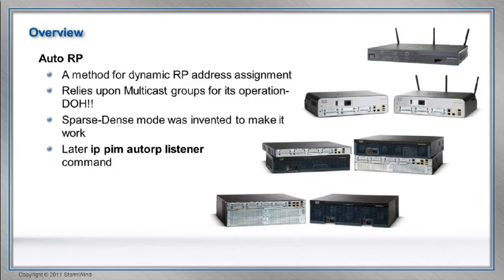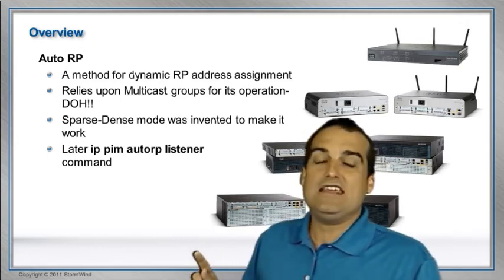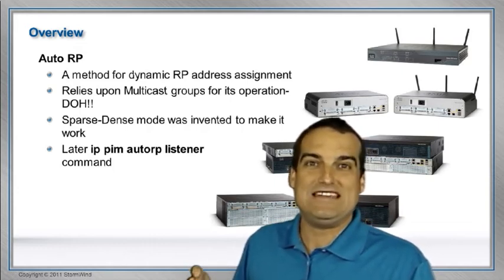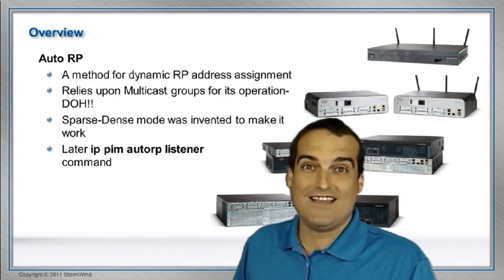The AutoRP technology is indeed a dynamic method for RP address assignment, but it relies upon multicast for its operation. That's right, the rendezvous point information is going to be disseminated utilizing multicast groups.